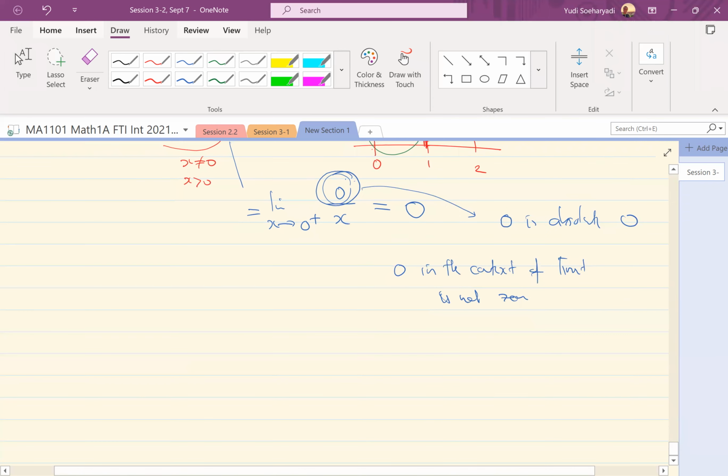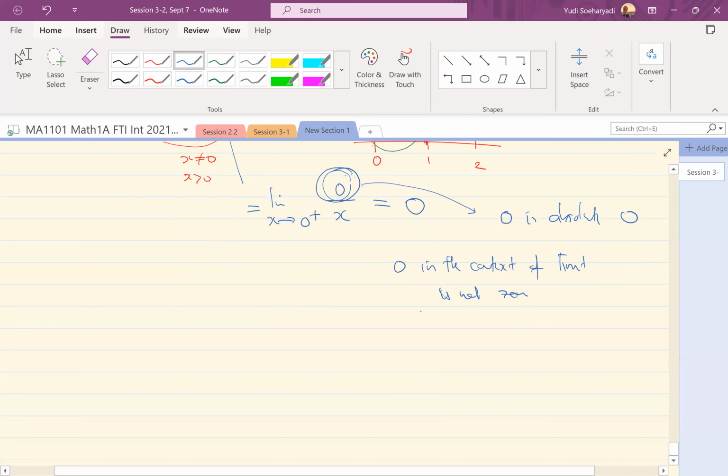If we say something like this, this is correct, because this is a simple thing. But this 0 is not absolute 0. This is 0 in the context of limit. So this limit is actually a positive number, but really small.